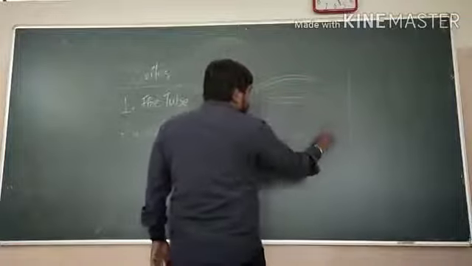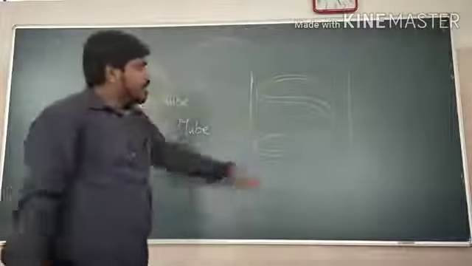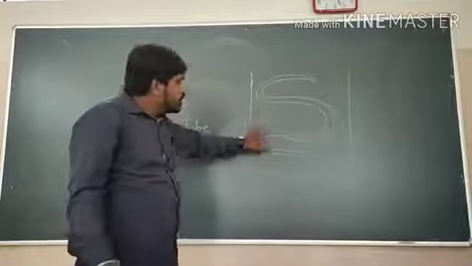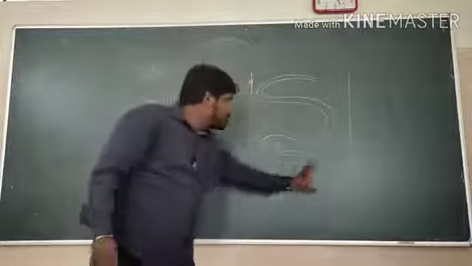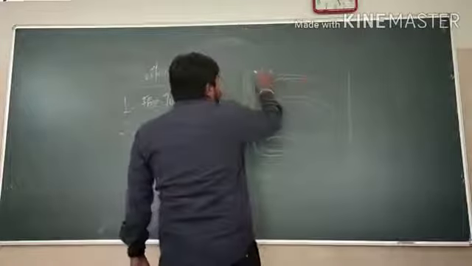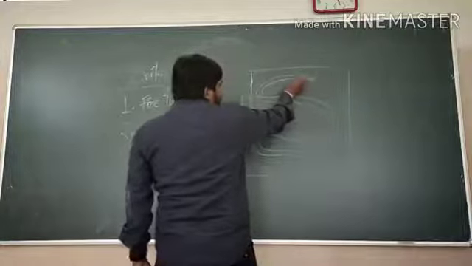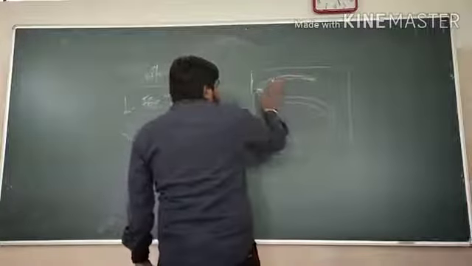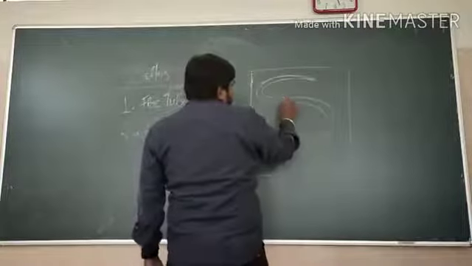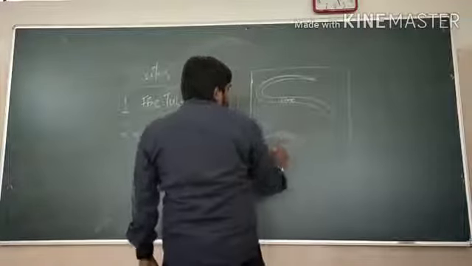These tubes are made of steel, and they are mounted on the walls of this boiler. Let's suppose inside my steel tube there is a fire. I have used my fire here. Fire inside the tube.